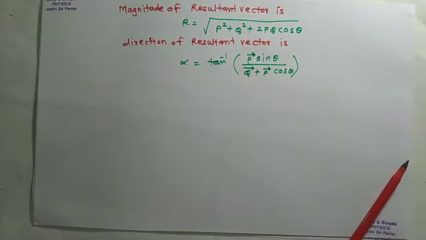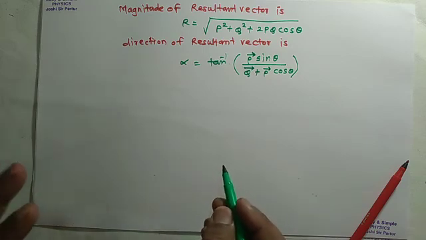Using these two equations, we can find out the magnitude and direction of a resultant vector by using the parallelogram method.